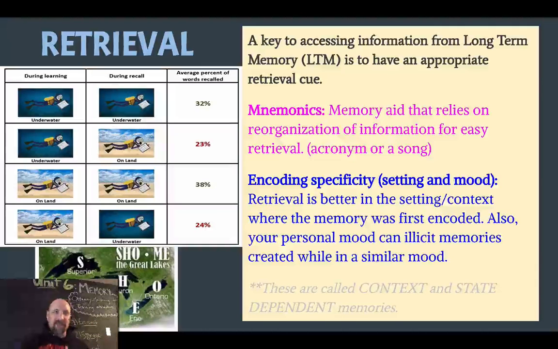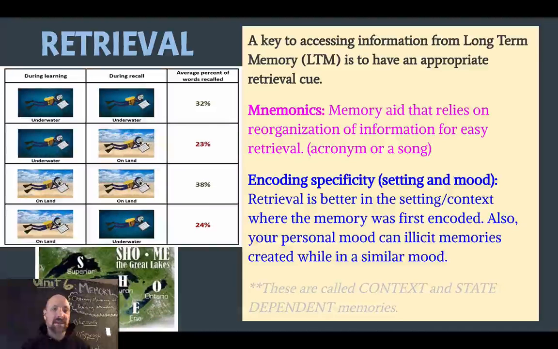And then the next lesson, come up with as many of those words from that list as you can. What they found was people that were underwater remembered or were able to retrieve more of those words when they were back underwater trying to retrieve the information, as opposed to being on land. So you can see the data here. Same thing, people that were on land remembered better on land versus underwater.